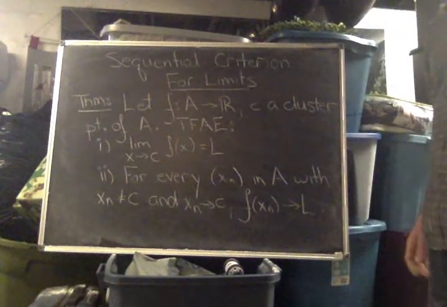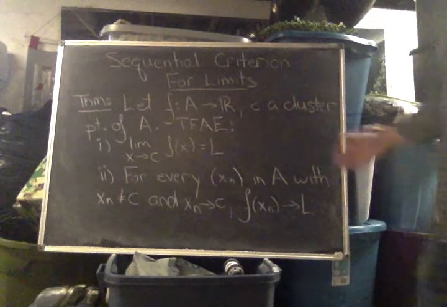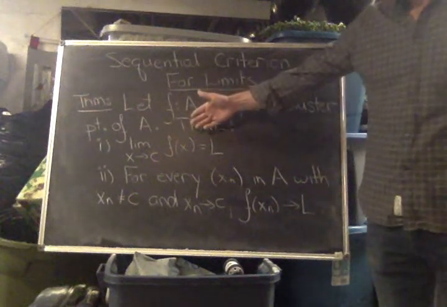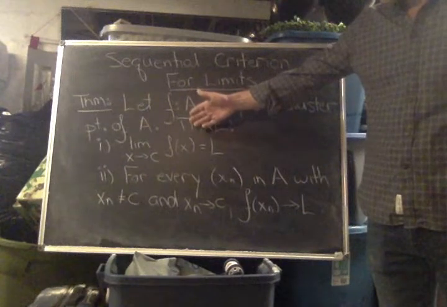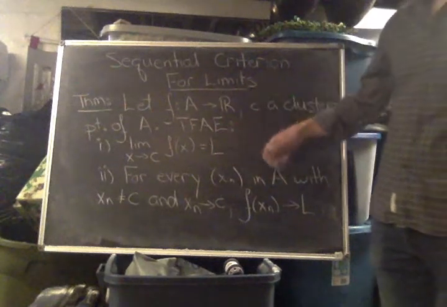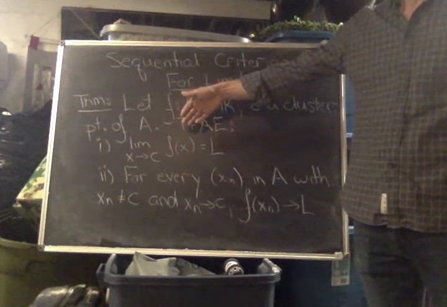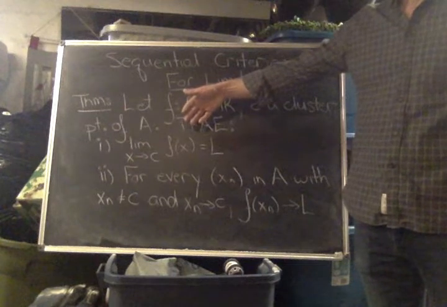Okay? So another way to think of it is, if this limit exists, then this function will carry convergent sequences to convergent sequences. I mean, provided you're talking about a sequence converging to the cluster point c, roughly. Okay?